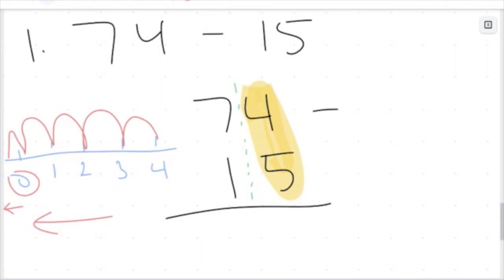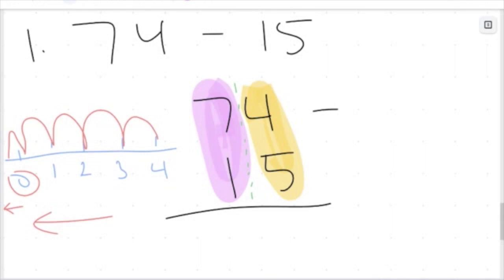So to get a number here that's non-negative, I want to do something with this tens column, right? I can't minus 5 from 4 just yet, but what if I borrowed a 10 from my column here?